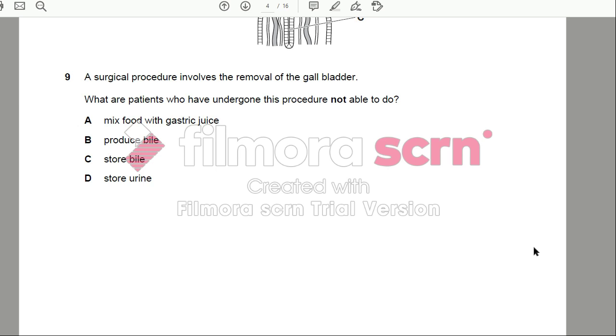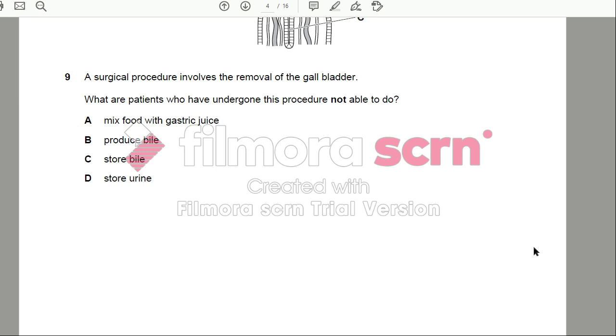It stores bile, a juice. Bile contains no enzyme, but even then we require it for the emulsification of fat in the duodenum. So the main function of the gallbladder is to store bile. Now we move to the options.